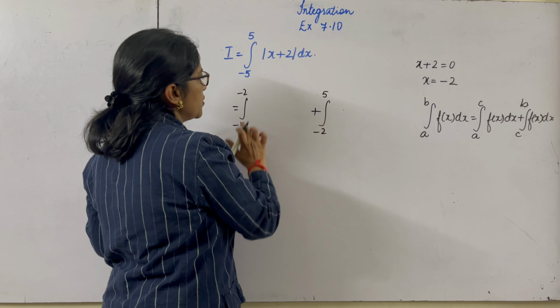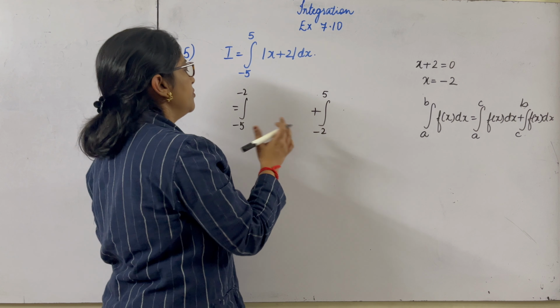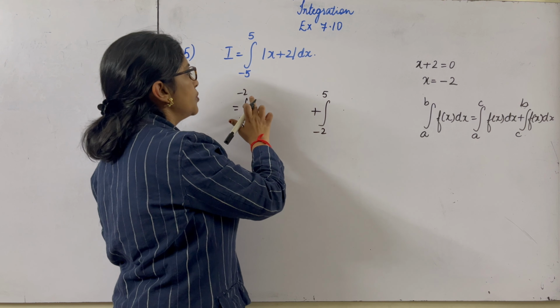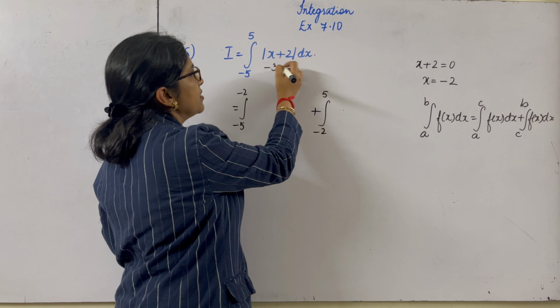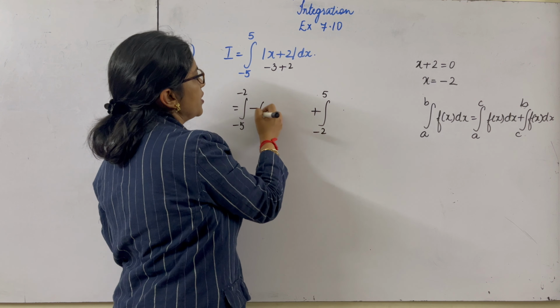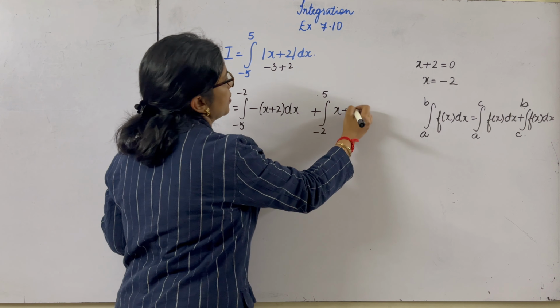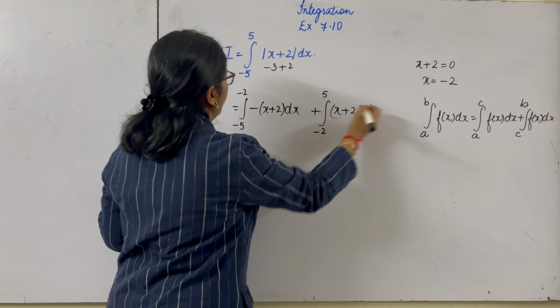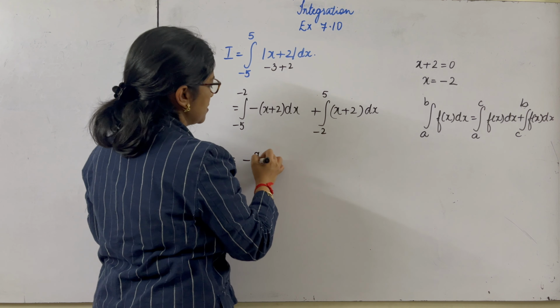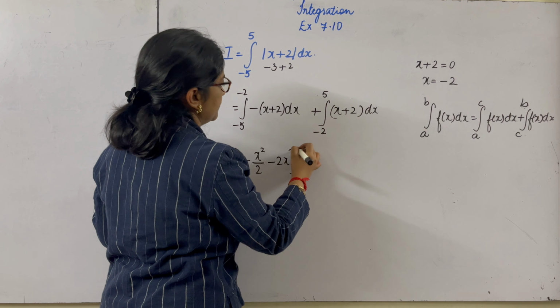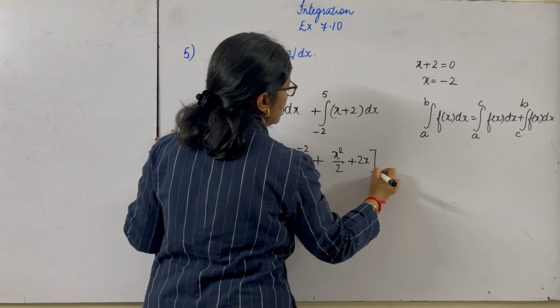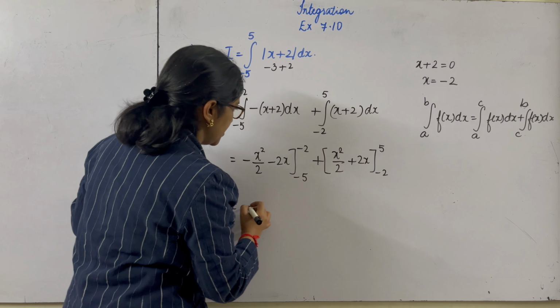Now for values between minus 5 and minus 2, it's going to be negative, but anytime you have a problem, you can put a value and check. Say if you put minus 3, it is negative, so we have one more minus sign to nullify that, and this will be positive. Now integrate this. Put the upper limit.